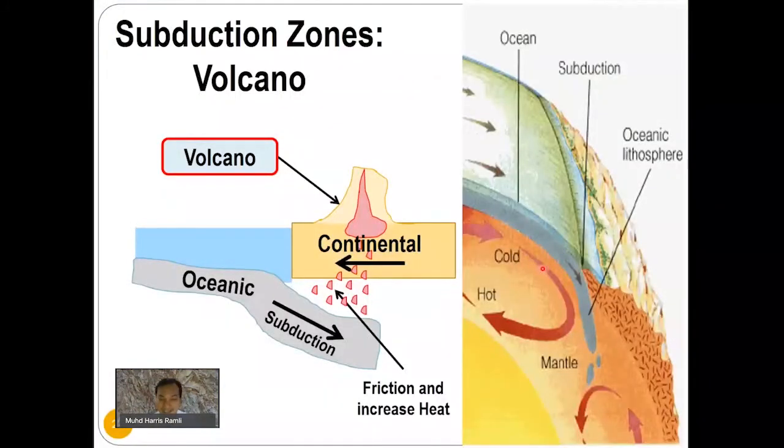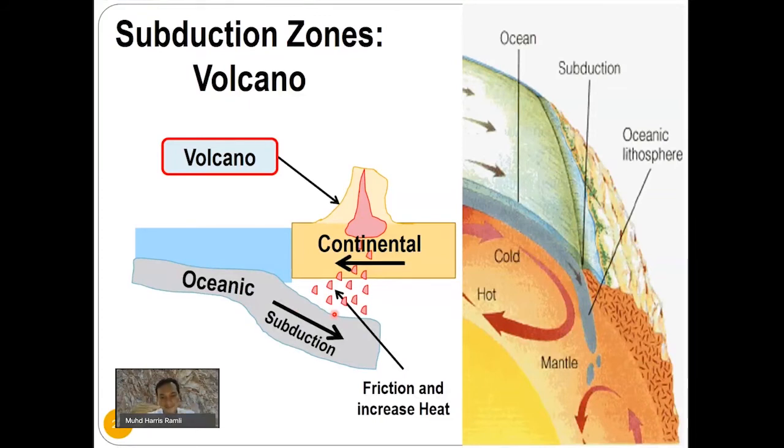Okay, so in the subduction zones, this is one example. So usually, it is the plate that is much higher in terms of density. That plate is the one that is going downwards. Why? Because it's heavy. Okay, so the top one is basically the one that is much lighter.